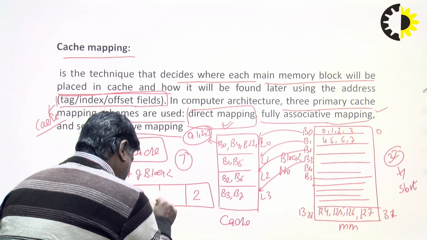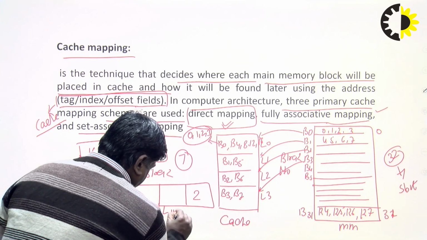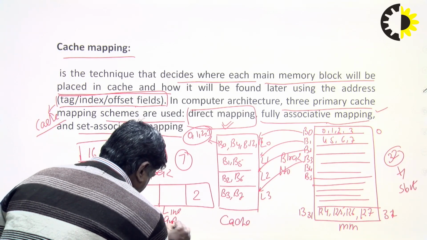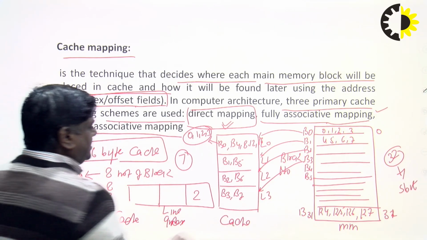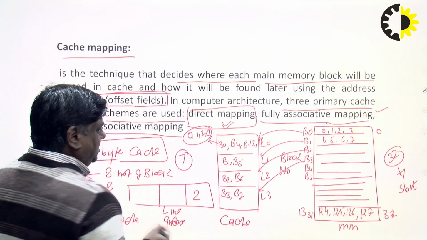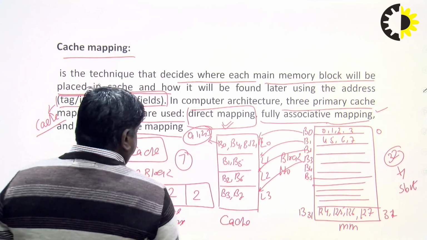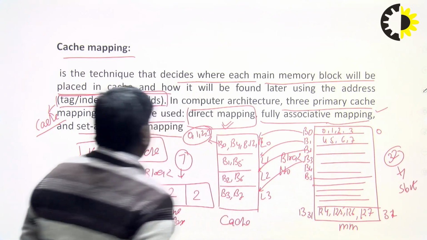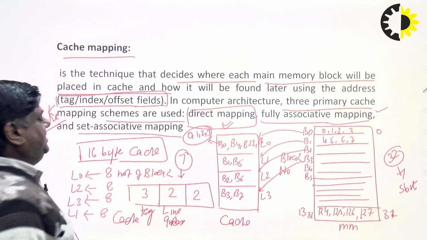Now the second one is known as the line number, which is also known as the index. So how many lines are available in the cache? That is 4, which means 2 bits are required. And how many total bits does this physical address have? 7, so the tag is the remaining bits.